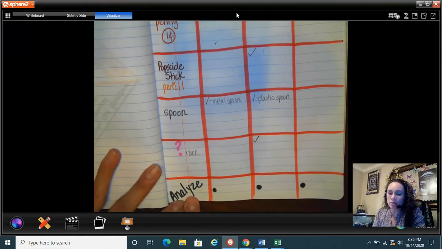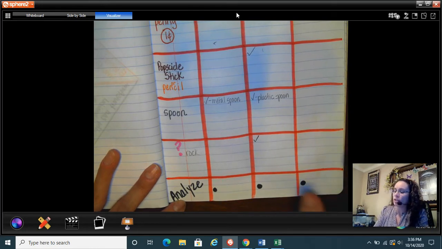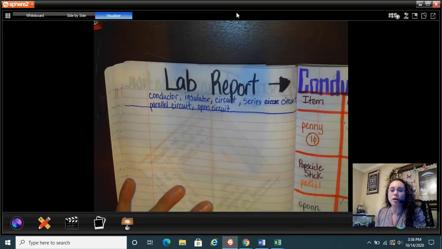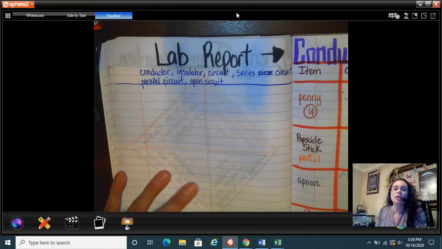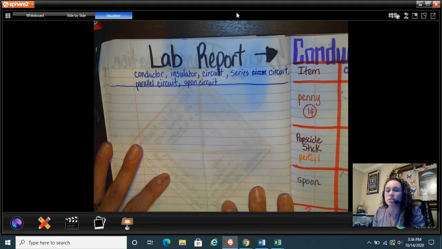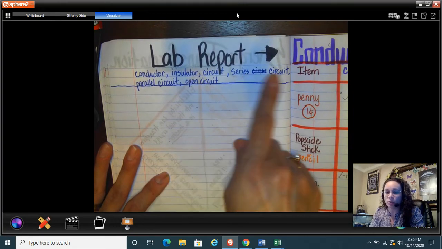Then at the end, when you actually test them, you're going to analyze or break up this data table and study the parts. What happened? What interested you? Okay. Every time you do a science lab, you have a lab report. Okay. So on the left side, you have to write about what happened in your science lab using those vocabulary words.